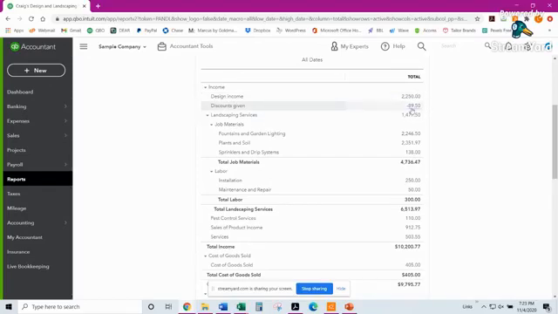These are all of the discounts that I gave. That's why I said that is a revenue account. And then we've got all of our landscape services. I'm not quite sure why they put that in the landscape services and not down here, but this is a sample company, so I'm not worried about it.